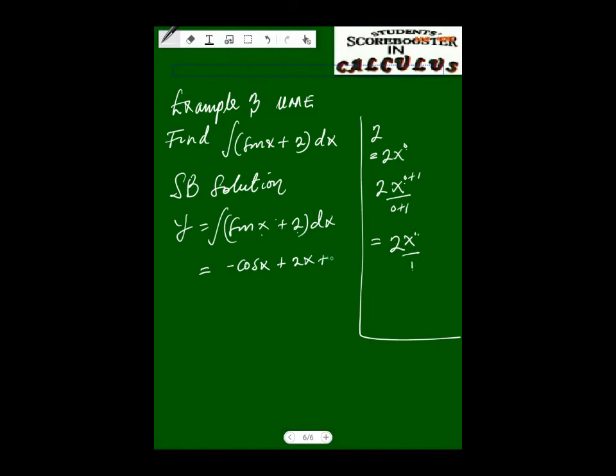Then plus a constant that we don't know. Can you believe this? This is the answer. Final. So if you can master this aspect of integration, it means you are sure of getting 1 mark out of 50.